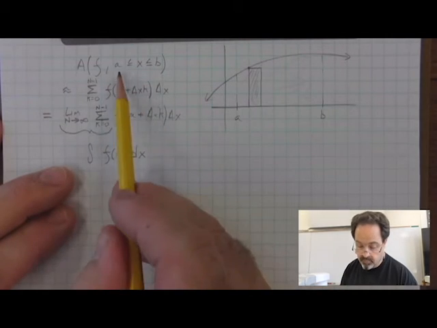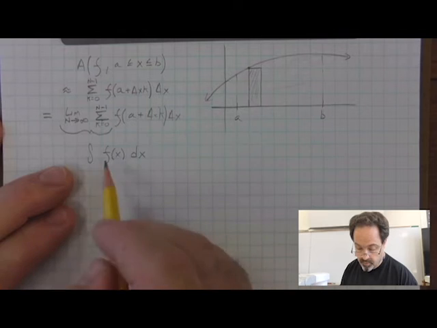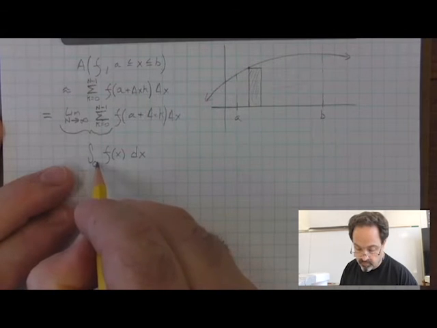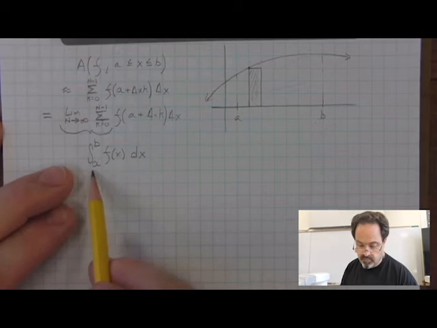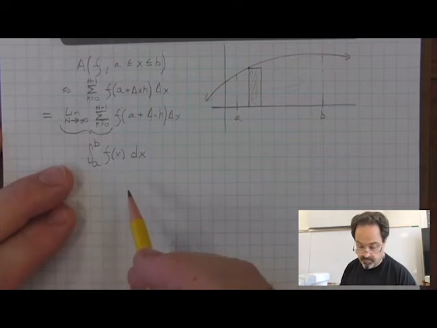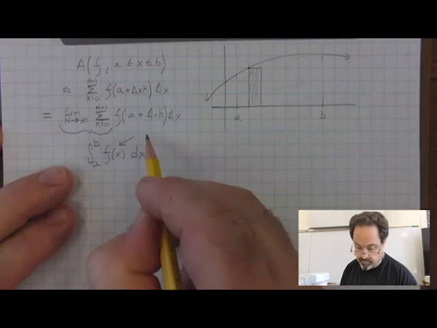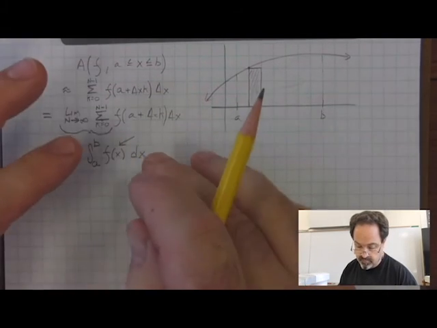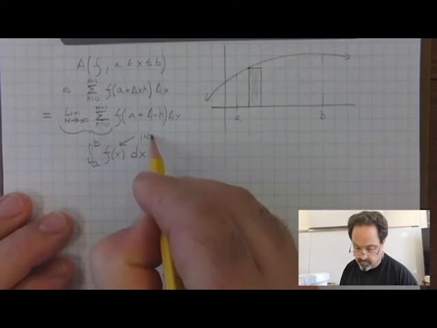The bounds, between which we're trying to find the area under f, are still a part of this. We put those bounds here, the lower bound and the upper bound, on the different ends of the integral sign. This piece of the integral notation, the function that's inside the integral and the dx, is called the integrand.